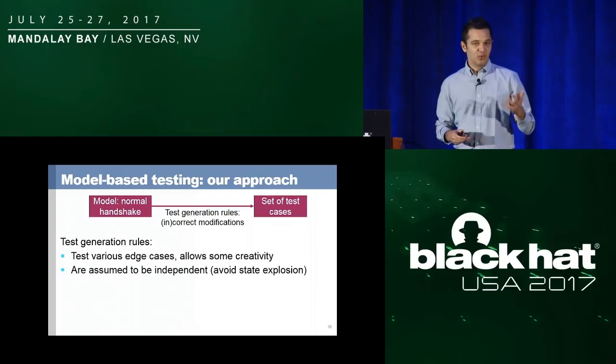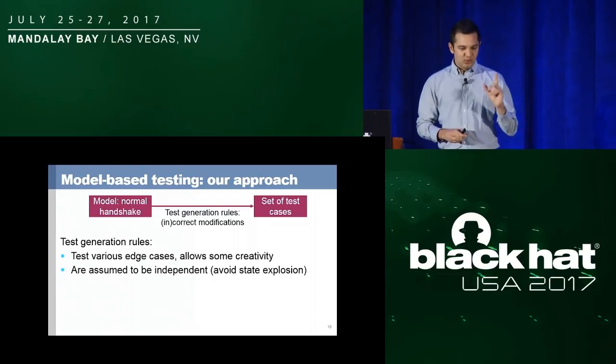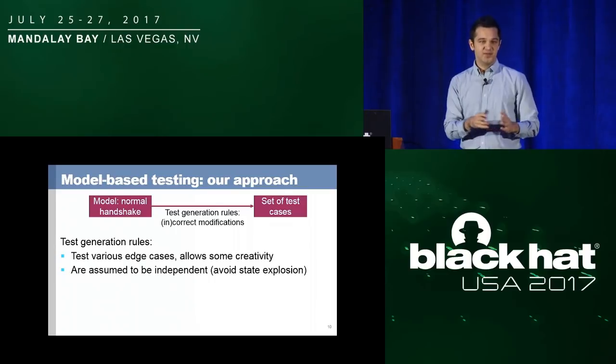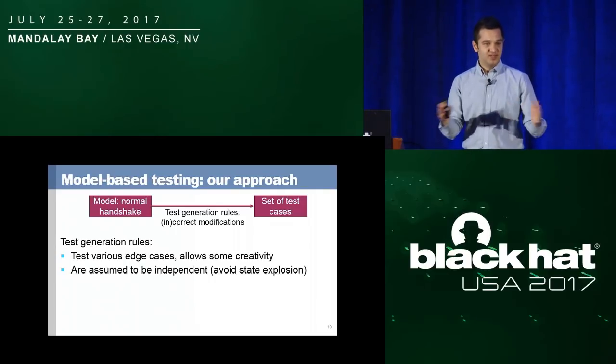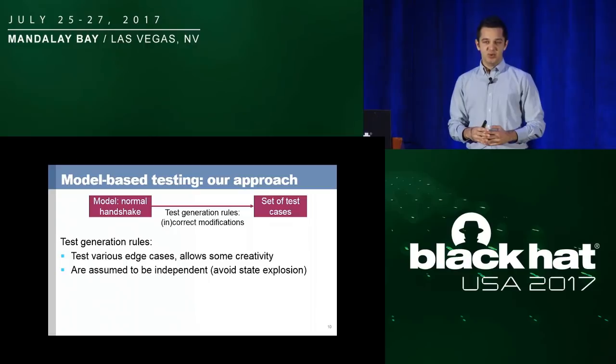Now I will give some more examples of these test generation rules. But one important thing I do want to mention now is that we assume that all these modifications to this base execution of the handshake are applied independently. So we're not going to combine two different test generation rules because otherwise we would have an explosion in the number of options.